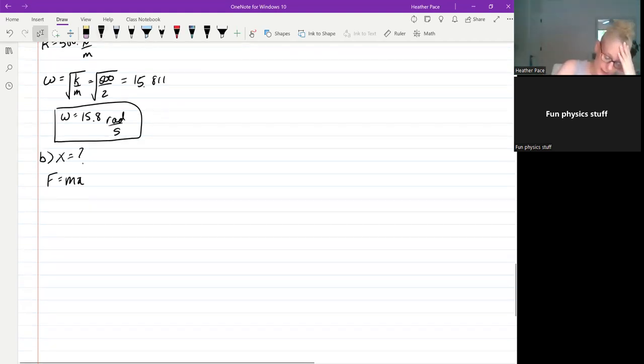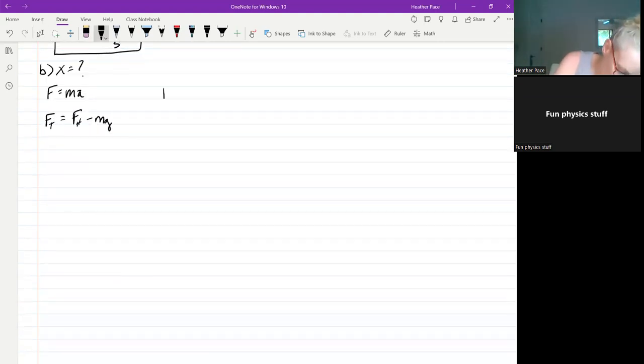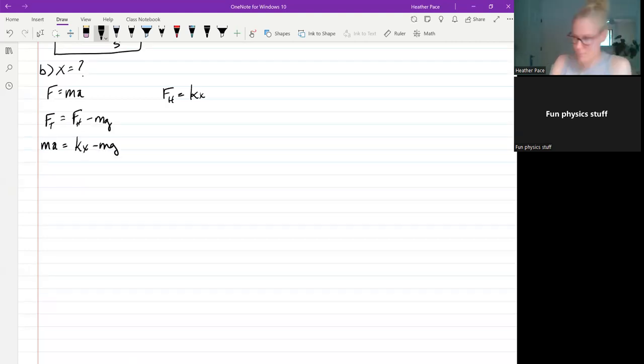So we're going to say that our total forces together are going to be the spring force, or I usually do FH for Hooke's law, minus mg. They just have to be opposite of each other, really, because they're pointing in opposite directions. Okay, so we know F equals ma. We know that FH equals kx. So ma equals kx minus mg.